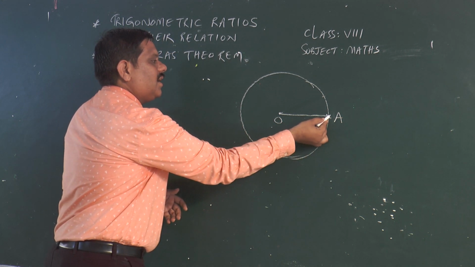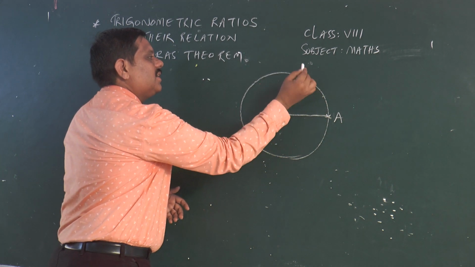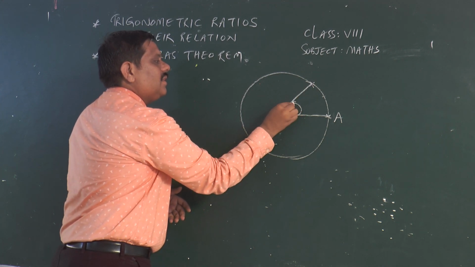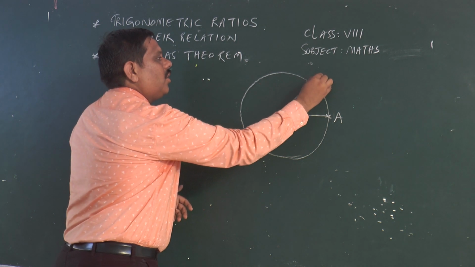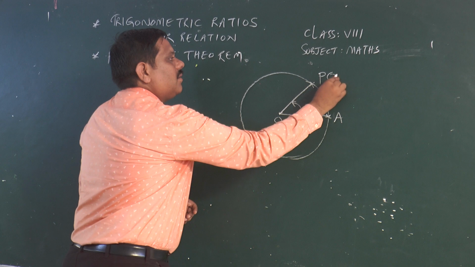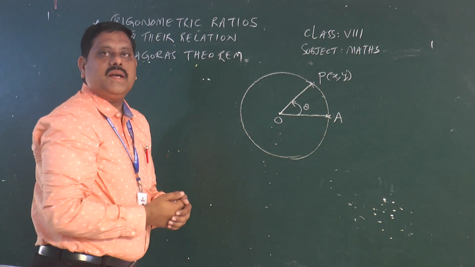Now let us see that the point is traveling a certain distance by describing an angle theta, and the final position of the point is P. Now let us take P as having x and y coordinates, P(x, y).